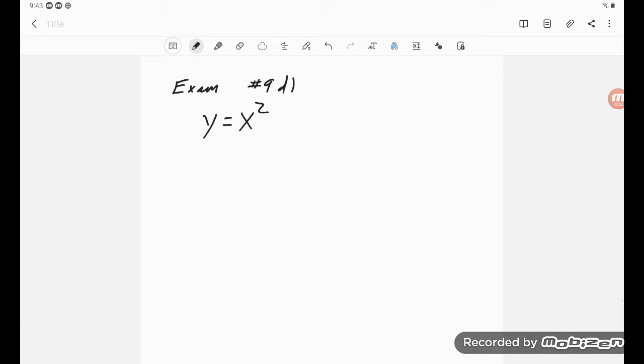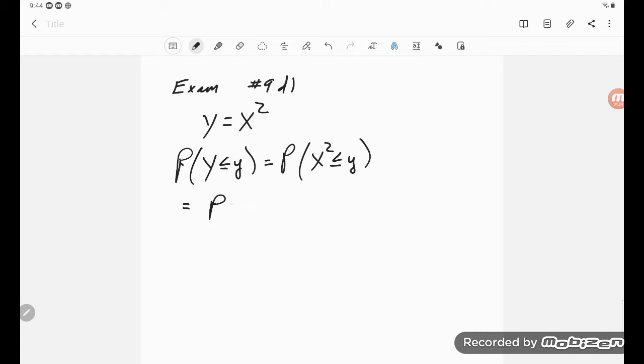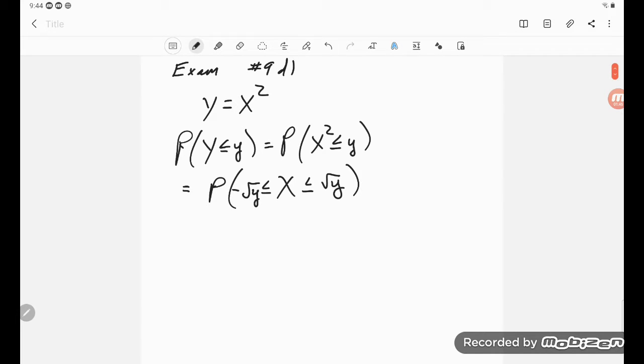And what I suggest in this case, since we had the CDF of x, in the case where we had -1 and -2 for A and B, is that I'll get the CDF here of y, less than or equal to y, which is equal to the probability that x squared is less than or equal to y, which is equal to the probability that x is between negative square root of y and positive square root of y.